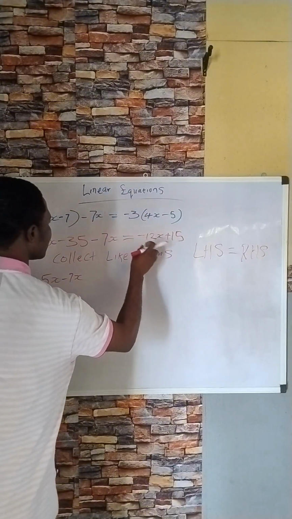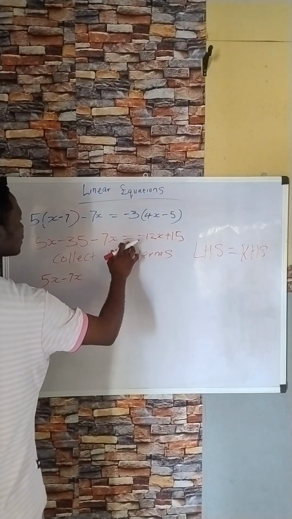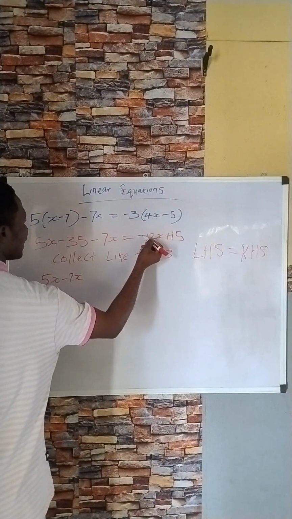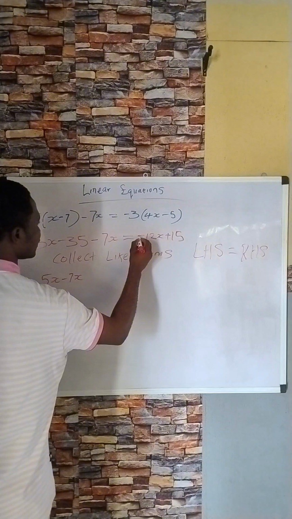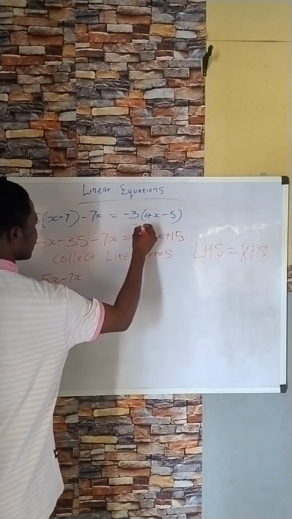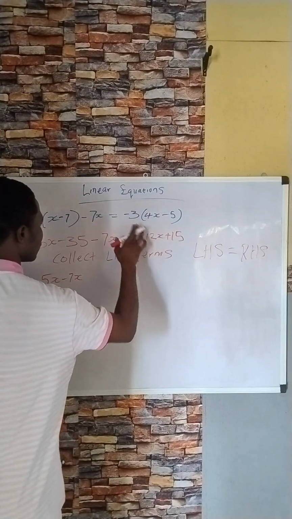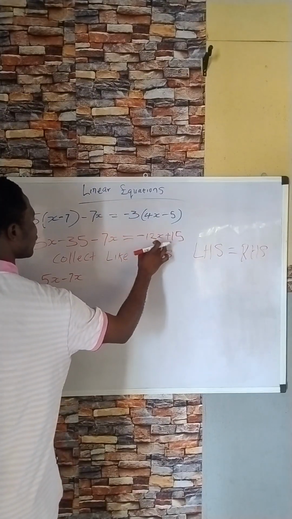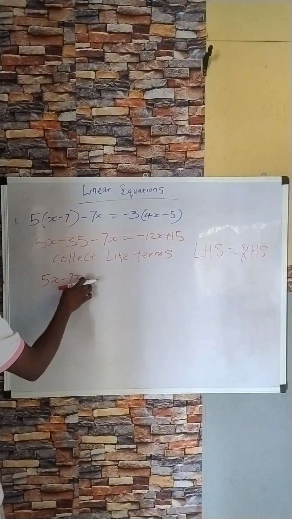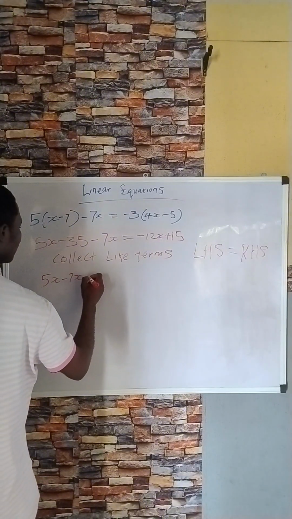While moving a number over an equality sign, the sign on the number has to change. If it is a negative sign, it has to change to a positive sign. If it is a positive sign, it has to change to a negative sign while it is transferring. So as we are transferring negative 12x over to this side, what we have is positive 12x.